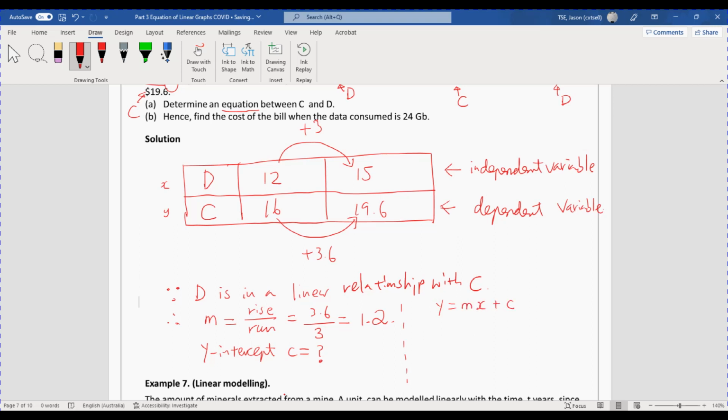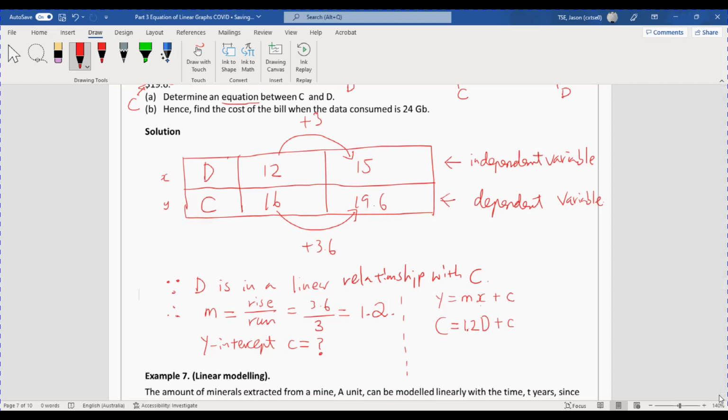So normally we use that kind of terminology, okay? That's lowercase c, which is different to the uppercase C. But now your y is capital C, and m is 1.2, and your x is uppercase D. You still need to find that lowercase c.